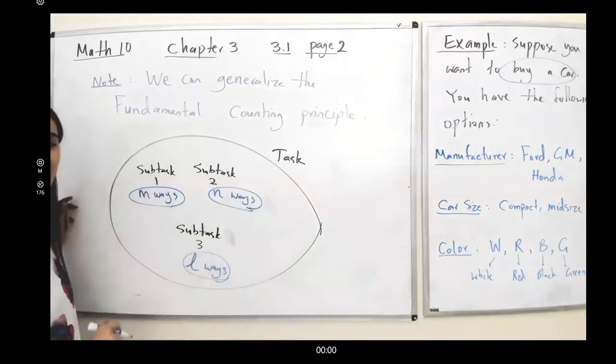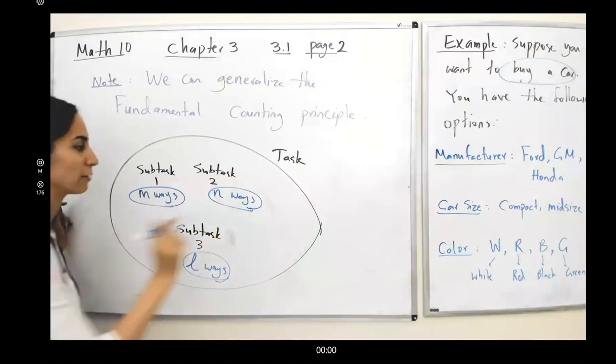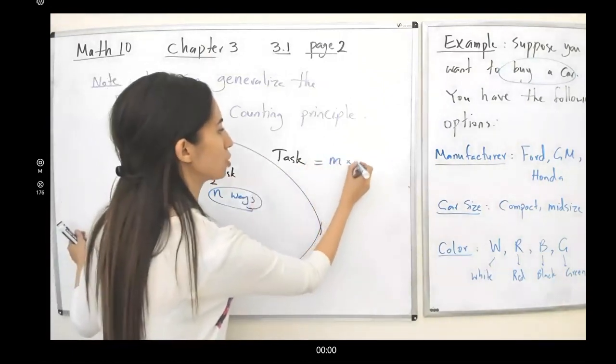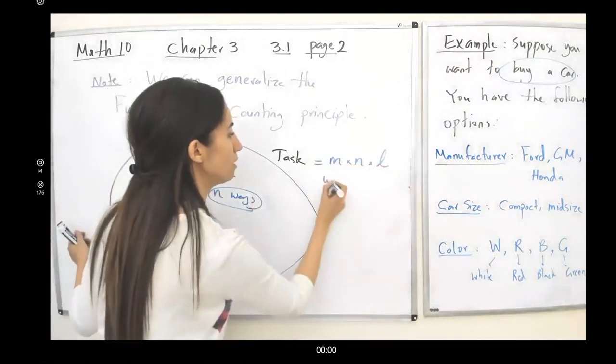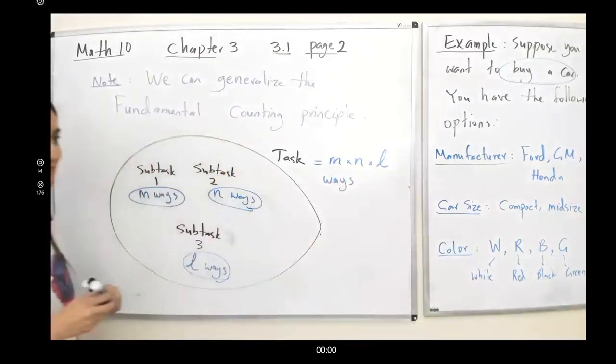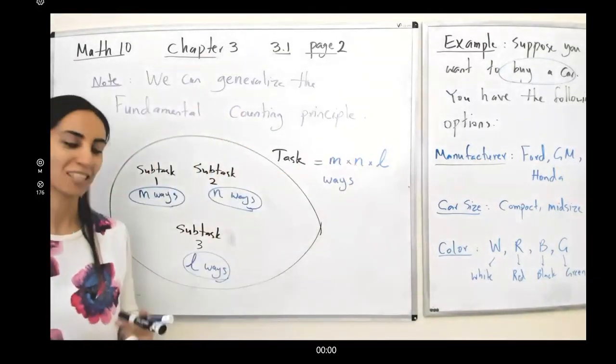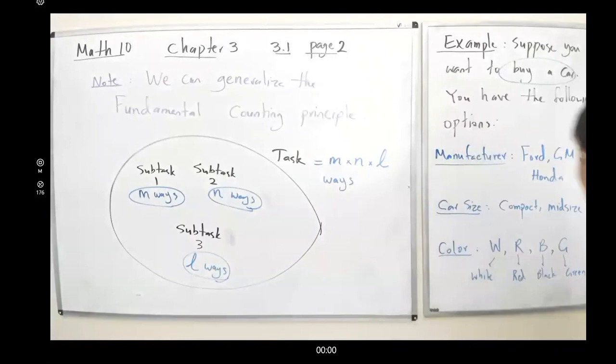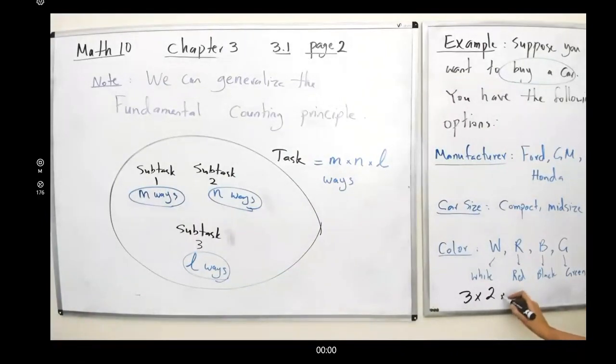So in total, the task itself can be done in M times N times L ways. So what would be your answer here? 24. 3 times 2 times 4, 24 different options you have for buying a car.